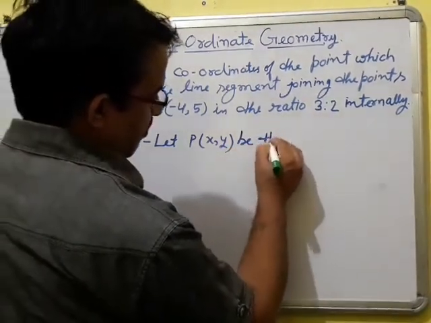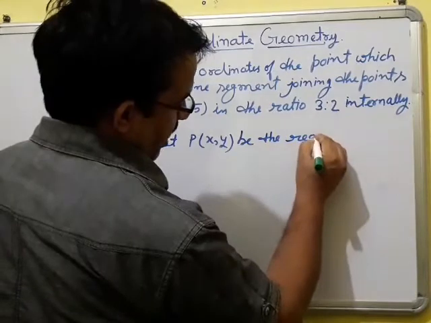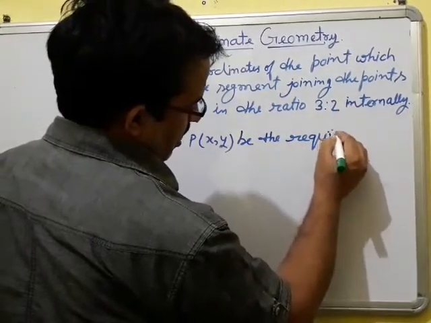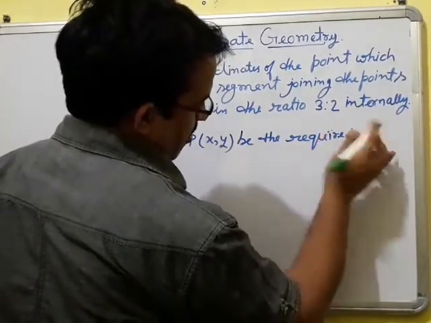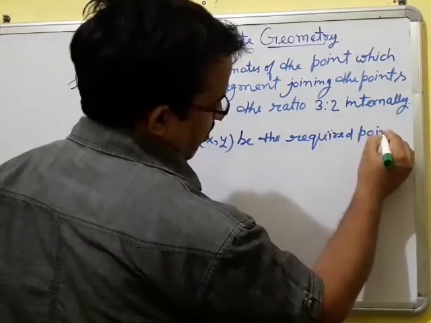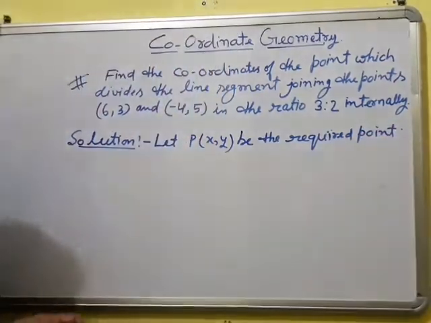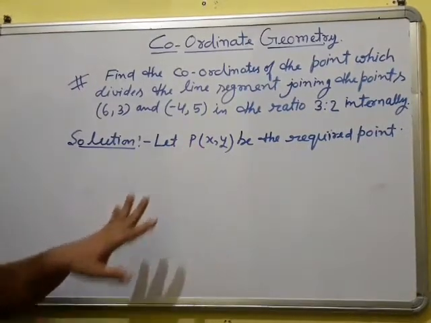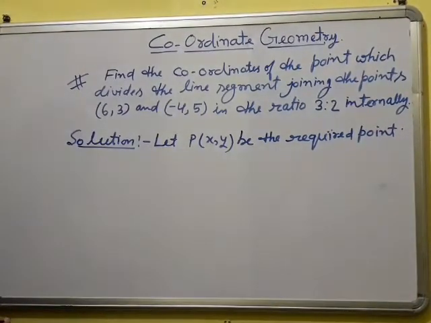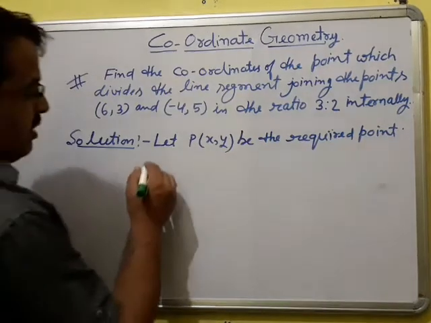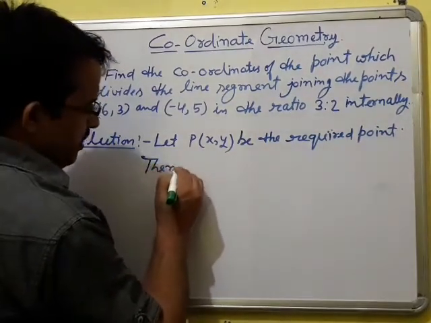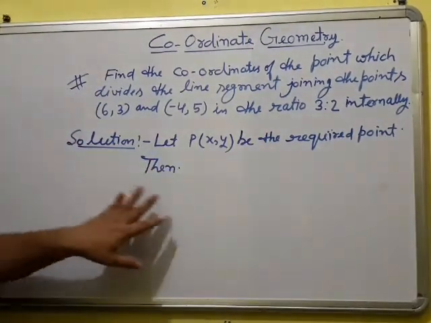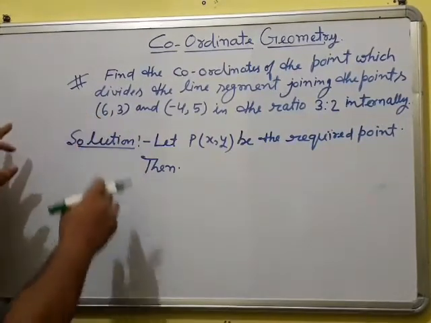Clear? The point we have to find out is our required point. Then we use the section formula. Already these things are given here.